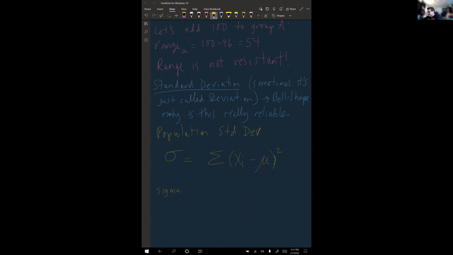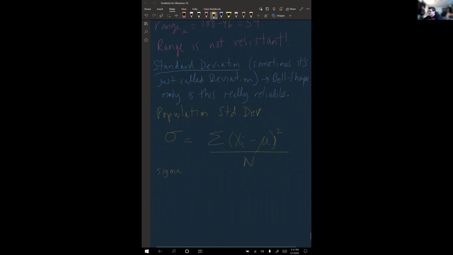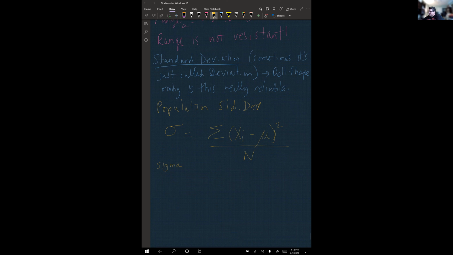So do all the subtractions, square each subtraction individually, add them up, then divide by n. So that's lowercase sigma.